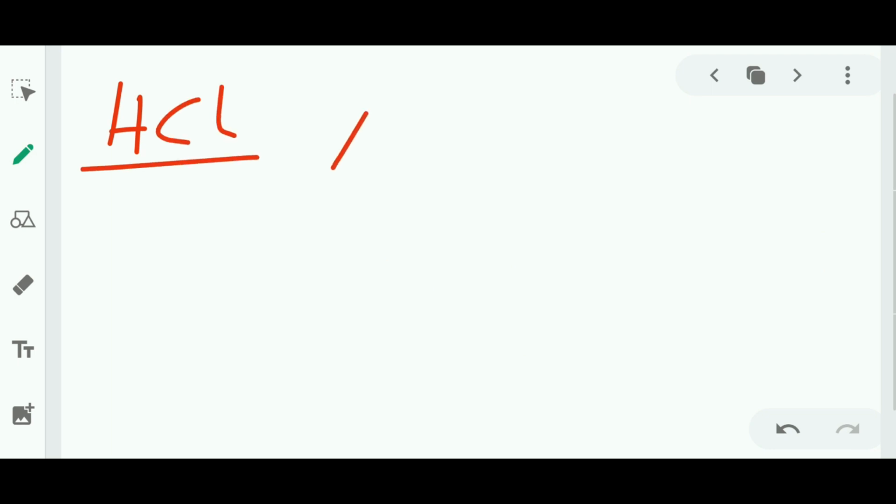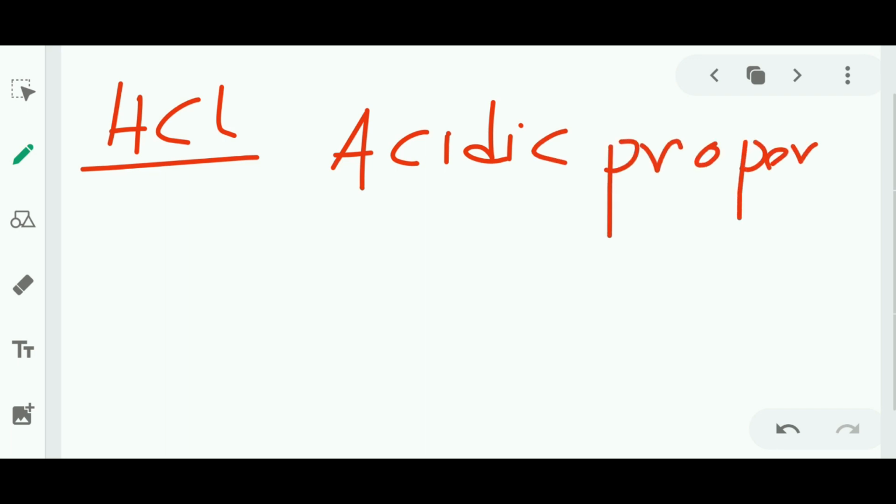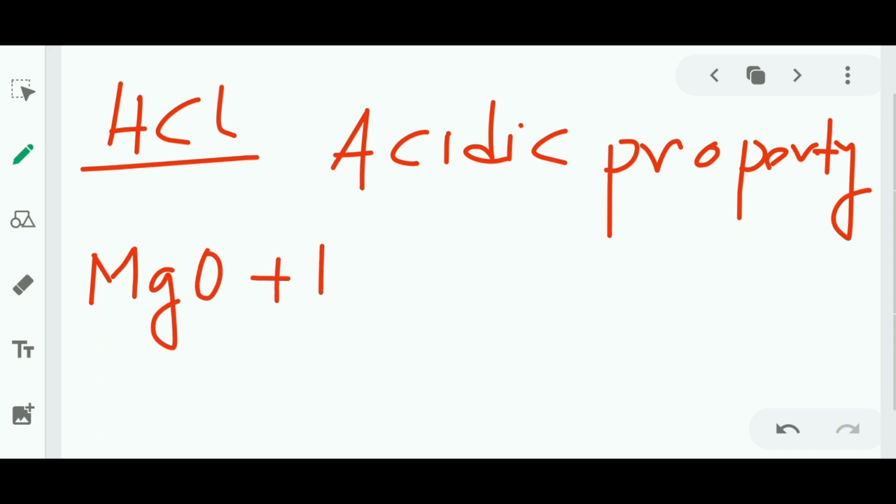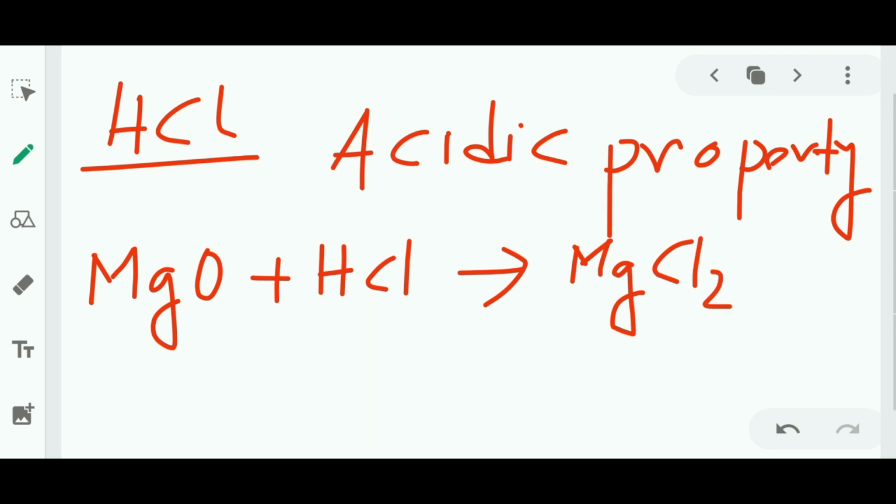Whenever it reacts with bases like MgO, magnesium oxide, when it reacts with HCl, it produces a salt. Which salt? Magnesium chloride, MgCl2, and H2O. So whenever this acid reacts with a base, it produces salt and water. Okay, so this is the acidic property of HCl.